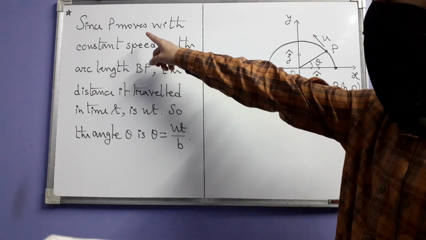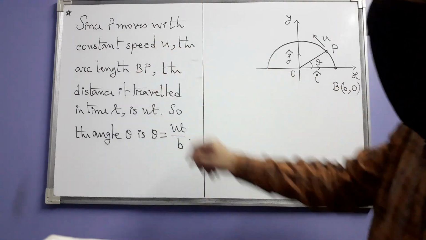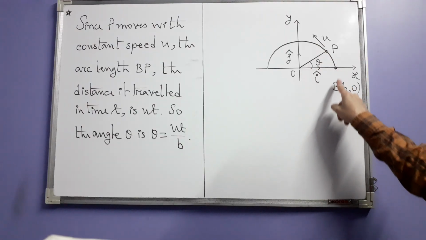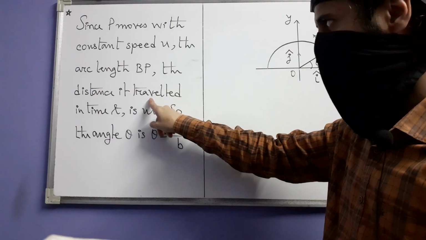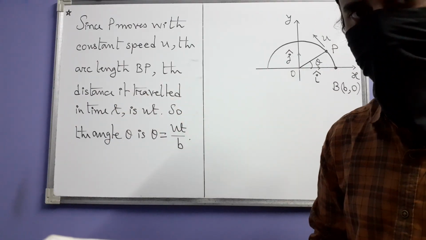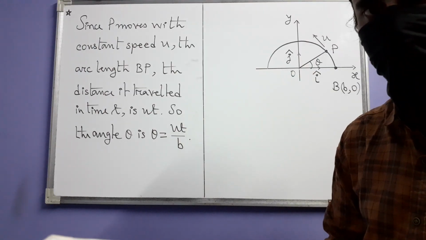Since our particle P moves with constant speed u, the arc length BP, that means this is the point B, so this arc length BP is also the distance the particle traveled in time t, and that will be equal to speed times time, ut.